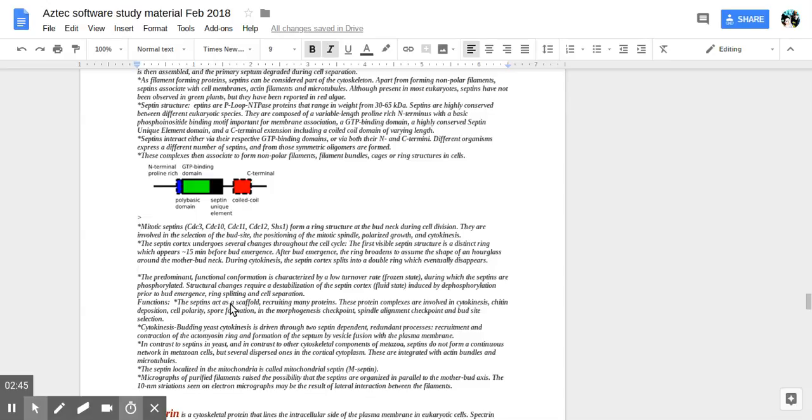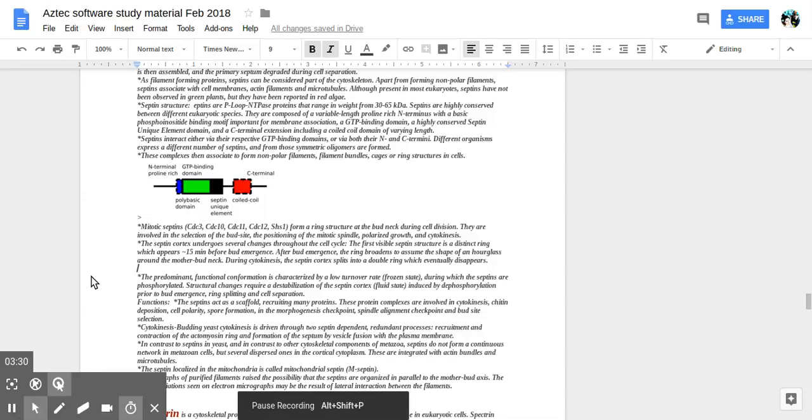Functions: the septins act as a scaffold recruiting many proteins. These protein complexes are involved in cytokinesis, chitin deposition, cell polarity, spore formation, morphogenesis checkpoint, spindle alignment checkpoint, and bud site selection.